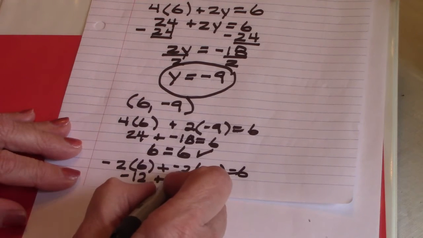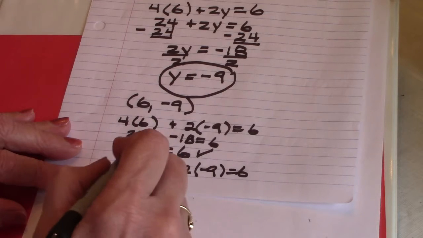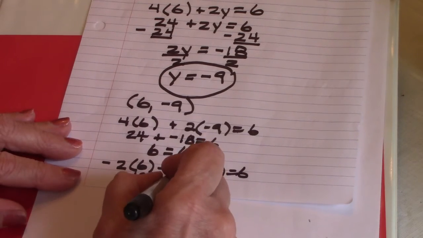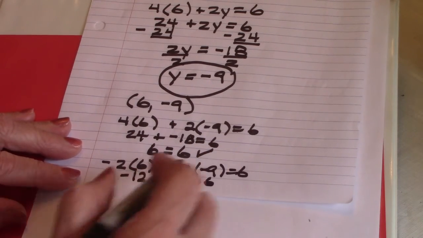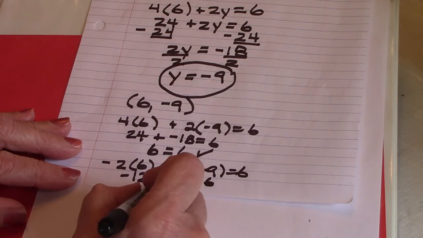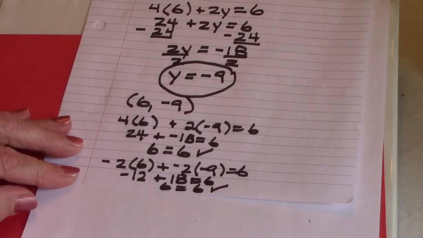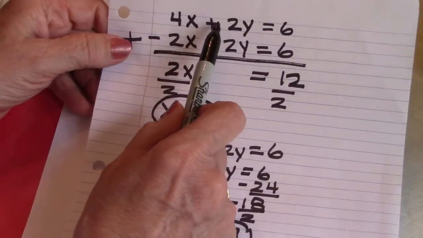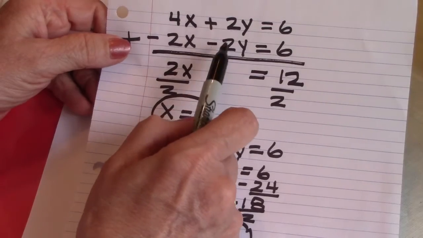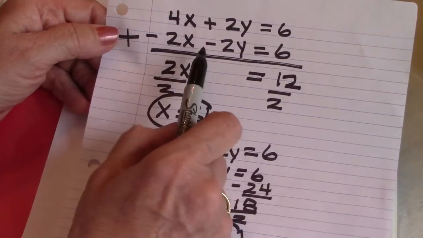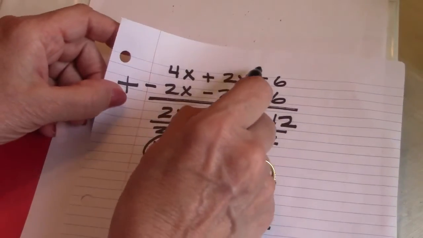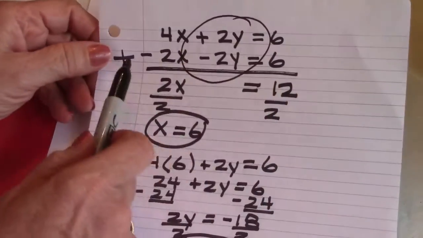A negative 2 times a negative 9, a negative times a negative is a positive 18, equals 6. A negative 12 plus 18 is 6, equals 6. And check. Okay? Now you noticed, since these were opposite, I was able to add to get this middle term to cancel out because I had one positive, one negative.